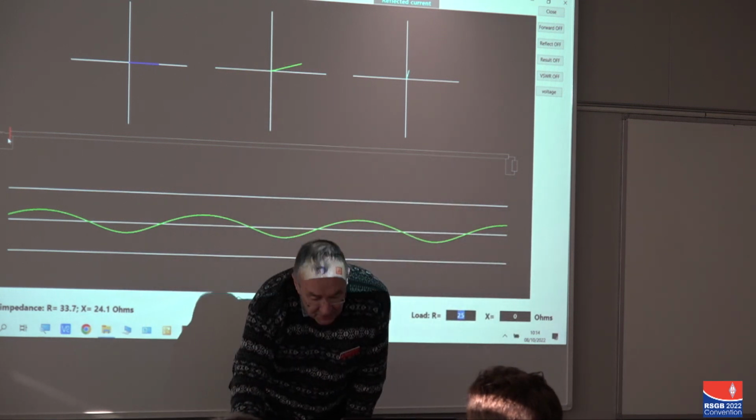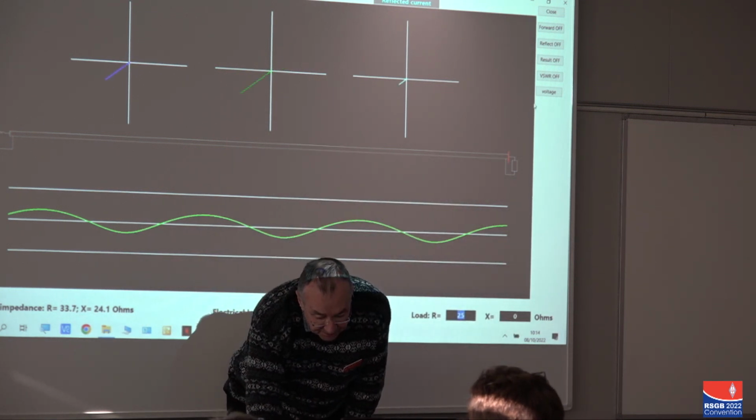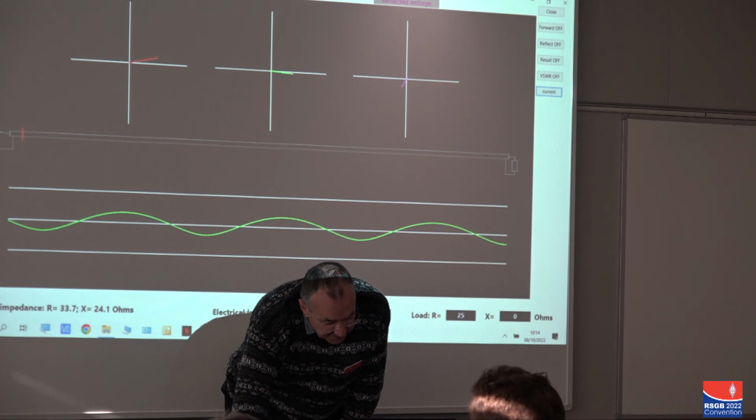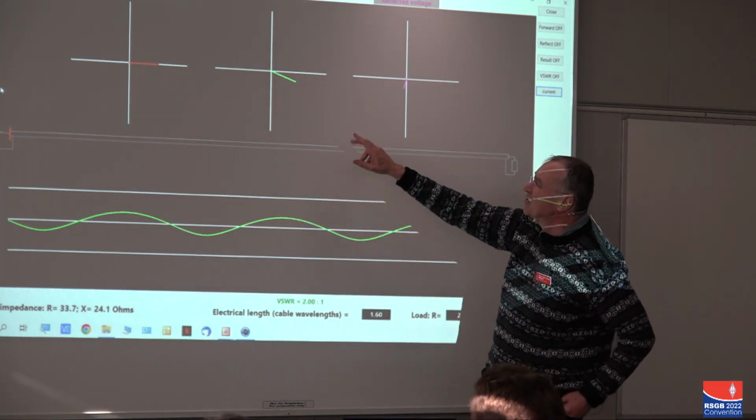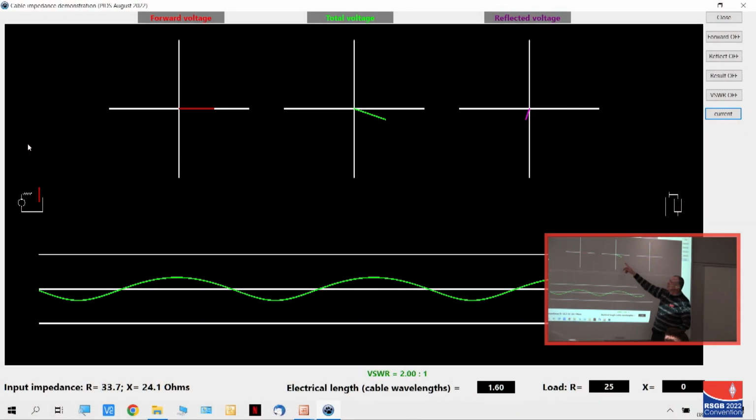And if we go back onto voltage, then let's get there, right there. Then the sum of the voltages, the forward and reflected wave, is like this. So different amplitude, different phase. And if we just compare those two, see if I can persuade it to stay there. Right, there we go.